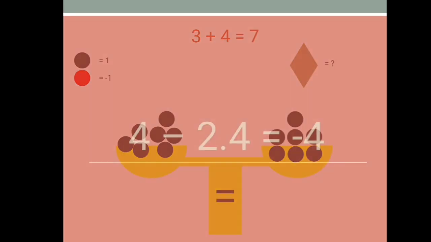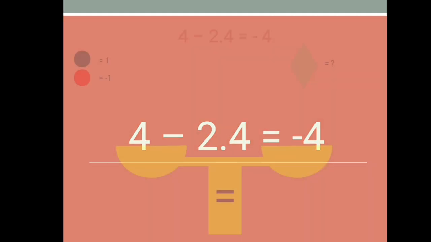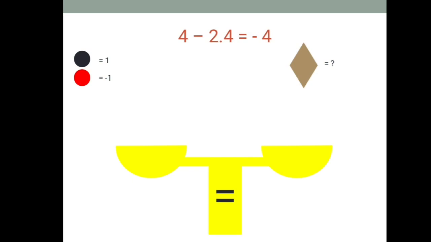So like that. The next example is 4 minus 2 times 4 equals minus 4. We know that this equality is true, so to represent it I have to put 4 black balls in the left hand side to represent 4, like this.